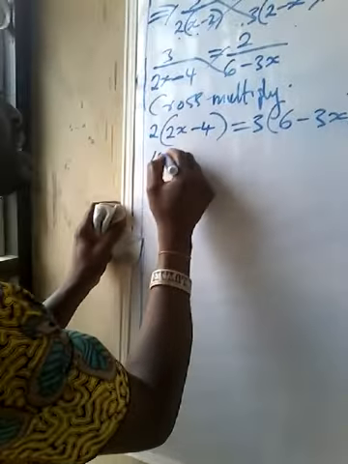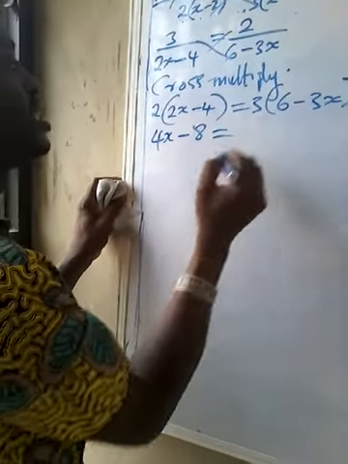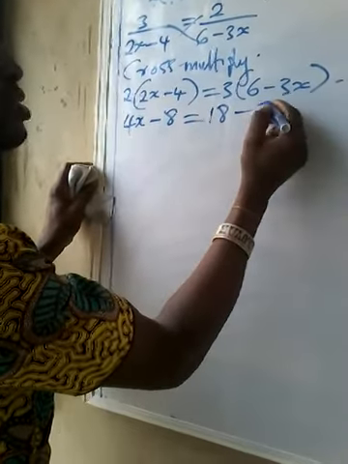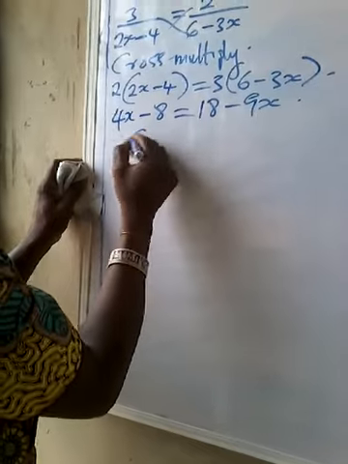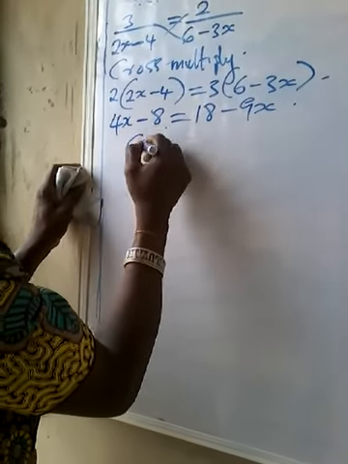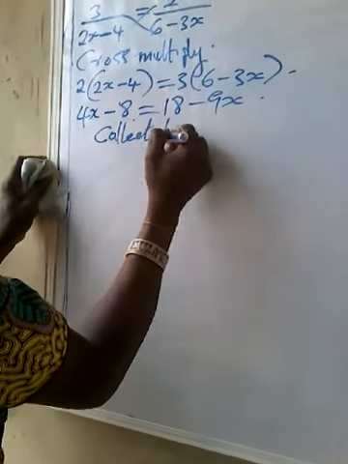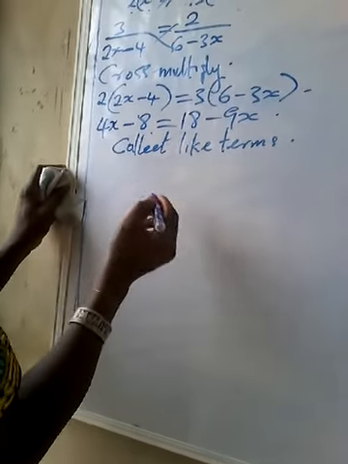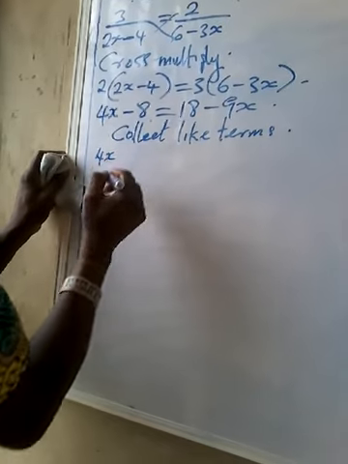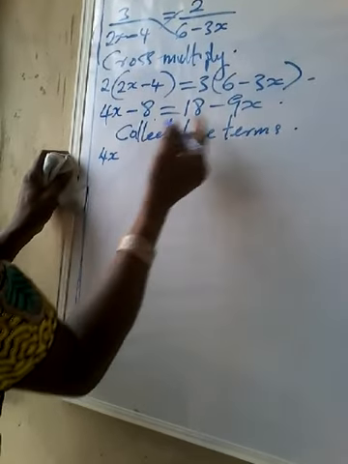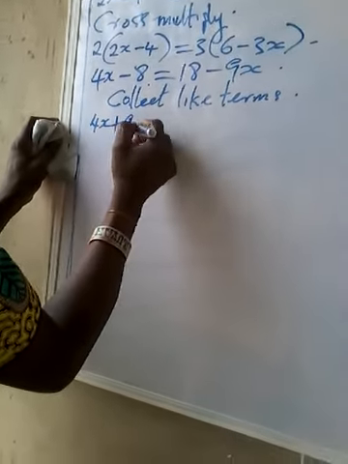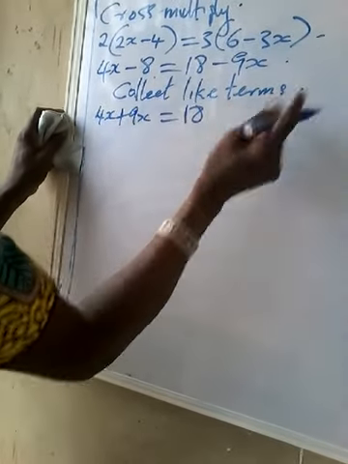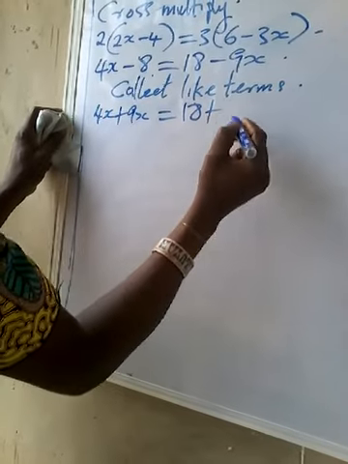Now what do you have? You have 4x minus 8 is equal to 18. 3 times 6 will give you 18, minus 9x. And then you collect like terms. The 4x stays on this side. The 9x, which is minus here, will jump and become plus 9x, is equal to 18 on this side. Then the 8 will migrate and become plus 8.